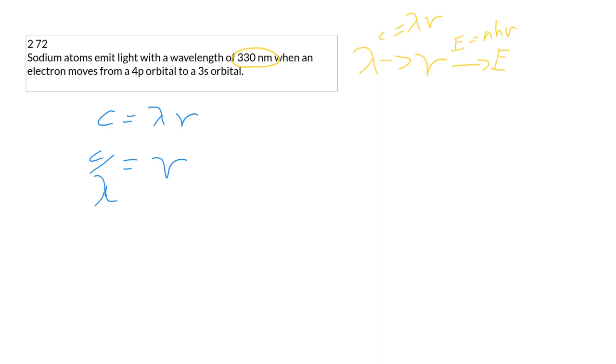Well, we know our value of c, 2.998 times 10 to the 8 meters. We're going to have to do a quick unit conversion for our wavelength because they give us nanometers. But at this point, you probably have done so many nanometers to meters conversions that you have already done the math in your head.